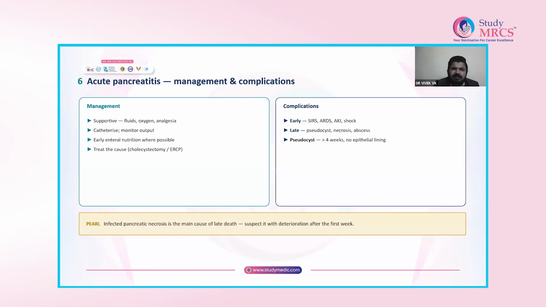Remember that infected pancreatic necrosis is the main cause of late death. So you have to suspect that in a patient. Suppose the patient deteriorates after the first week, you have to suspect infected pancreatic necrosis.